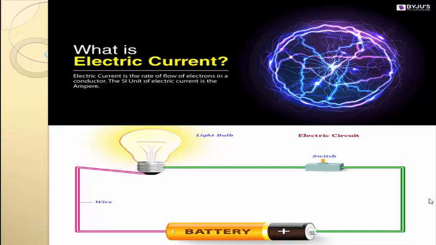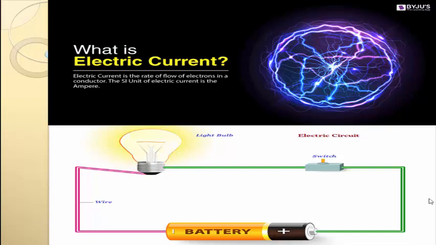What is the electric current? Electric current is the rate of flow of electrons in a conductor. The SI unit of electric current is the ampere.